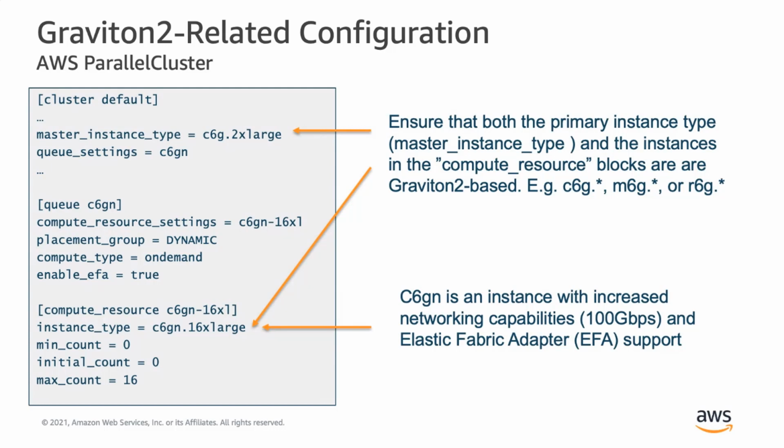You just want to make sure that both your primary instance type and your compute instance type both use Graviton, right? Because if you compile something on a primary node that was Intel and then tried to run it on an ARM-based node, it wouldn't work. So you want those to be the same.